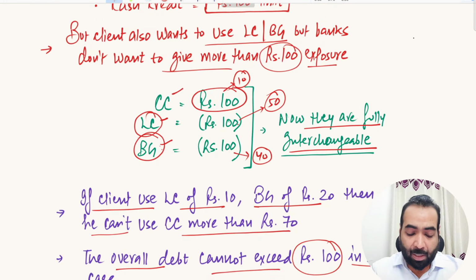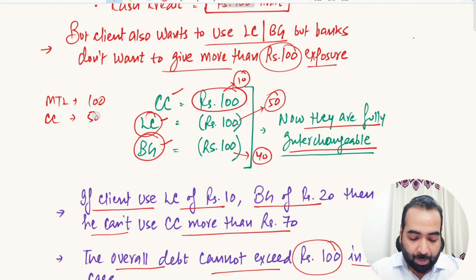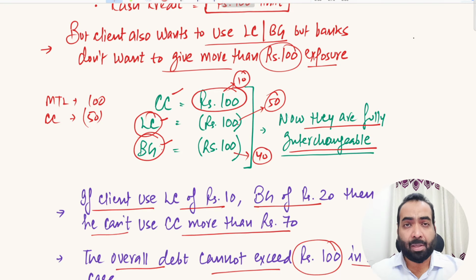You cannot say that a machinery term loan is rupees 100 and a cash credit of rupees 50 is a sublimit of the machinery term loan. You cannot do this. Or vice versa also: a machinery term loan cannot be a sublimit of a cash credit limit. So revolving facilities cannot be sublimits of non-revolving facilities, because there is a high core difference in the features of these facilities, right?